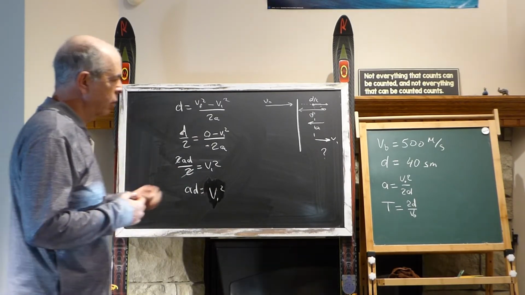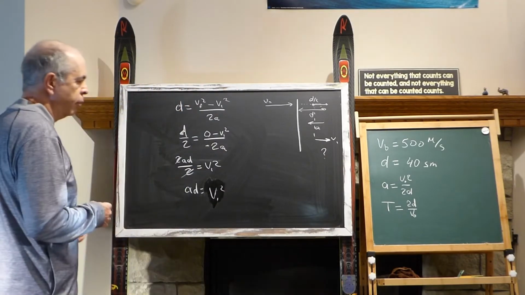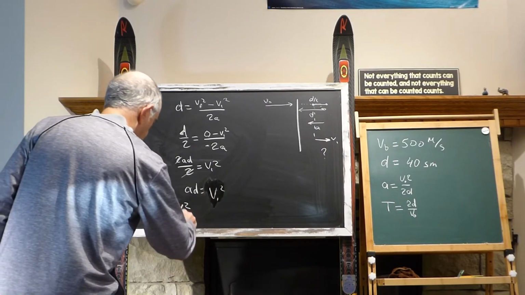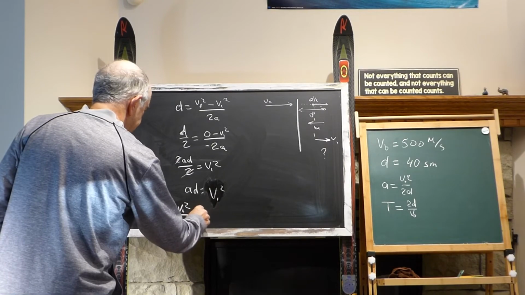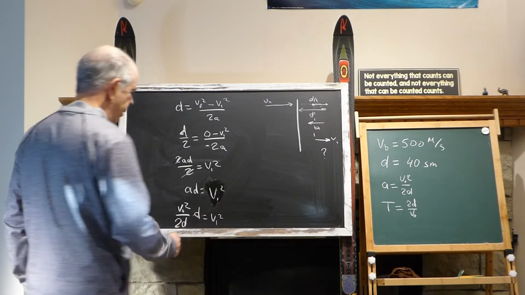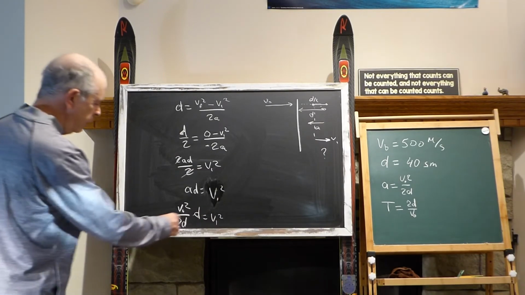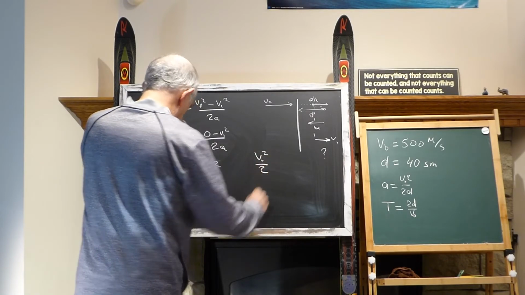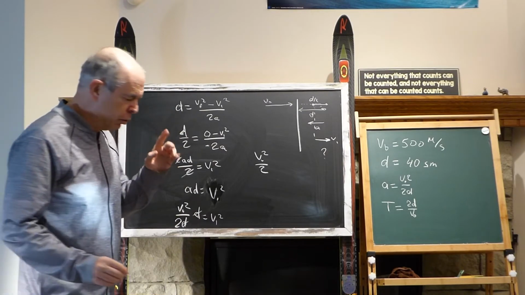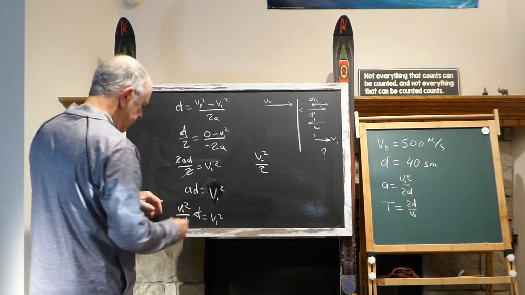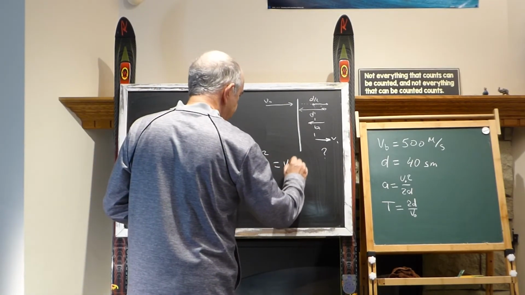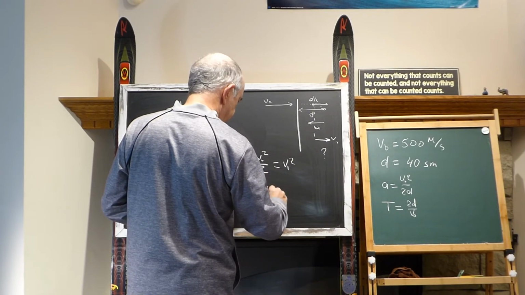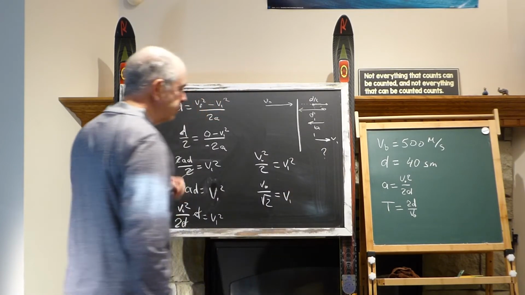I would not do that because I will put this number instead of a, and this way I will have v0 squared divided over 2d multiplied by d equals v1 squared, and d and d would be gone, and I will receive v0 squared divided over 2 equals v1 squared, and I immediately will receive v0 divided over square root of 2 equals v1.